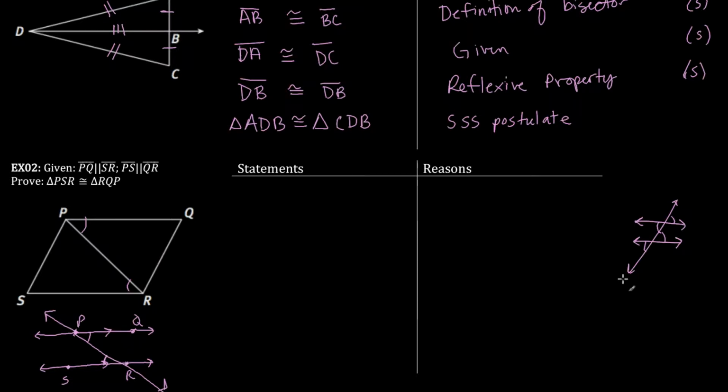Now I can do it the other way also though. If I know that this angle right here is congruent to this angle right here, these are also alternate interior angles. So I'm going to back up.